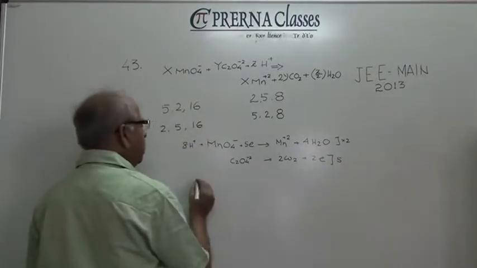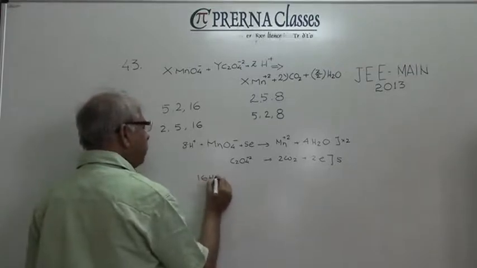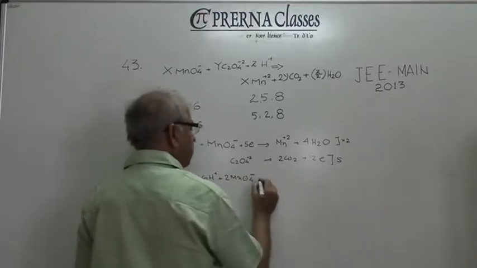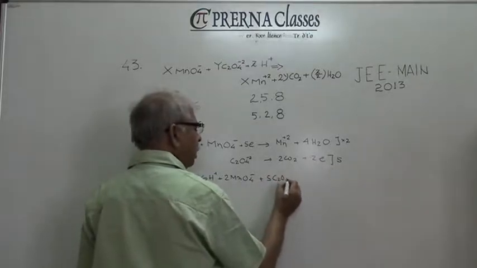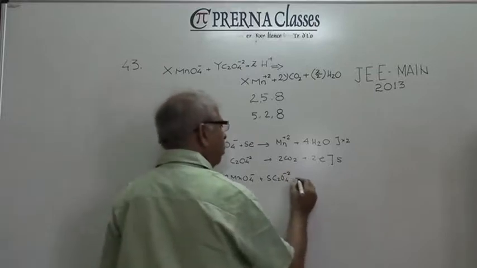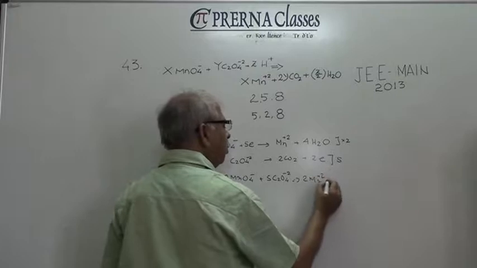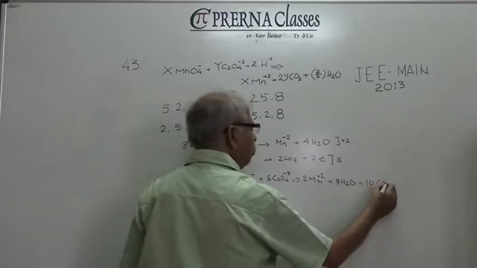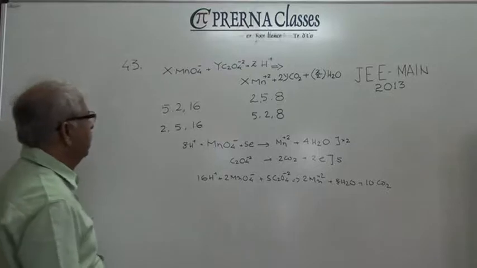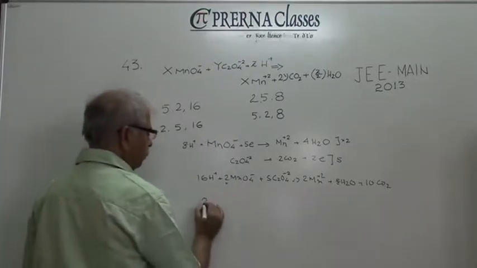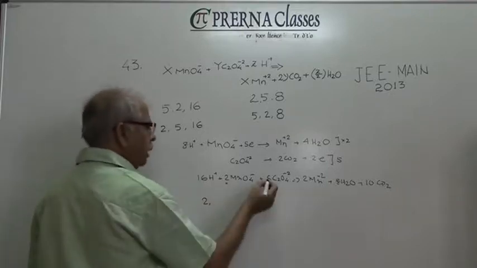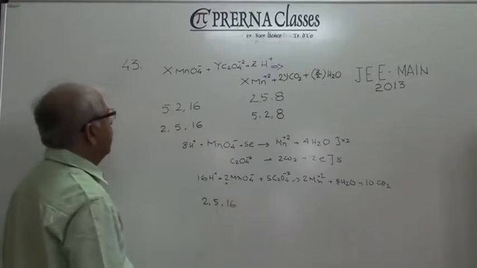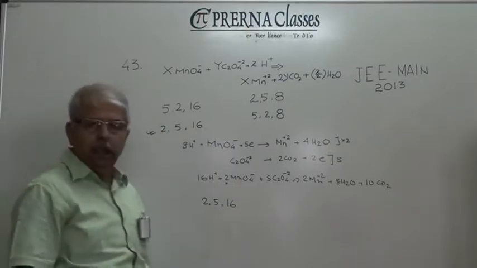Then you add, and it comes 16H+ plus twice MnO4- plus 5 oxalate ion, that is equal to twice Mn+2 plus 8H2O plus 10 CO2. So your X, that is MnO4-, is 2, your Y, that is oxalate, is 5, and your Z, that is H+, is 16. So 2, 5 and 16, number 3 is the correct option.